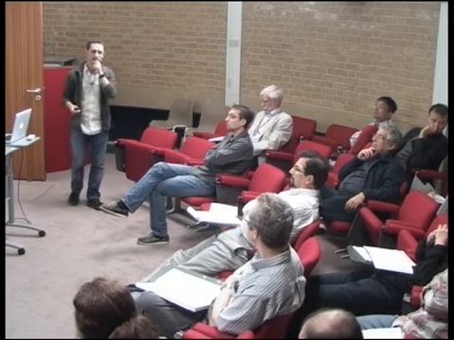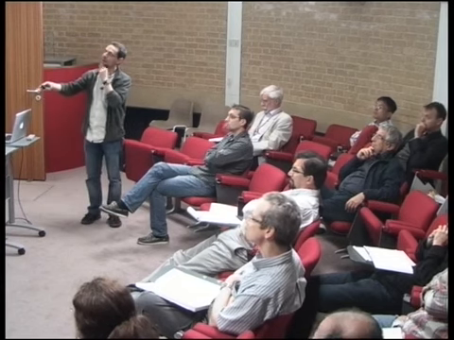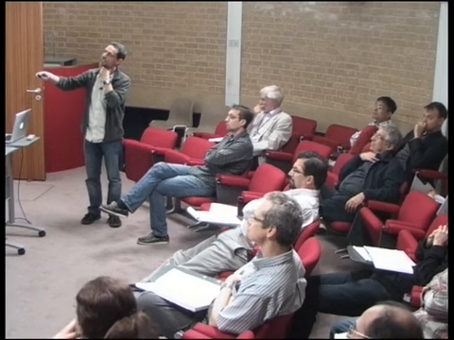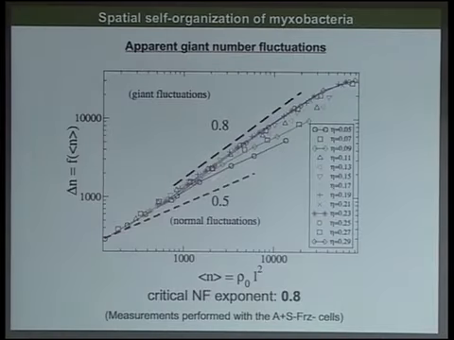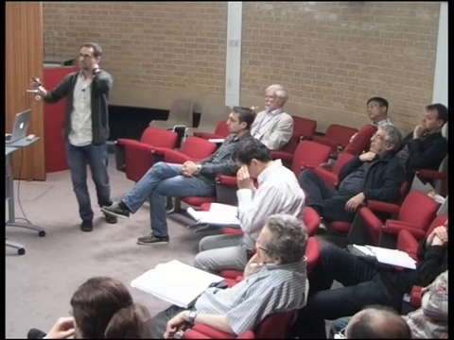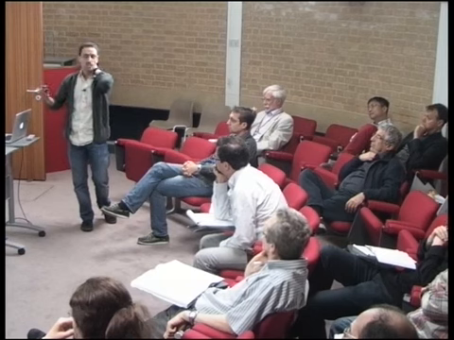So we performed these statistics with the cells, and what we found is that at very low densities these number fluctuations seem normal, but as you keep on increasing the density, you go to this kind of apparent giant number fluctuations. This transition coincides with the point I showed you before, where you get the peak at large cluster sizes.